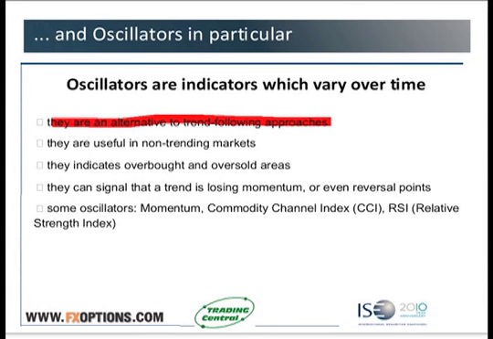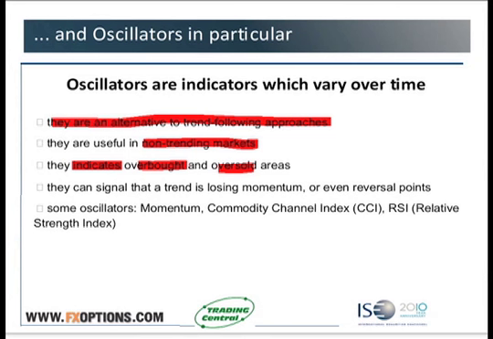So oscillators are very useful to this kind of trend following approach, and in non-trending markets, when markets are ranging sideways. They also indicate overbought and oversold areas, when we think that prices are reaching some areas where prices should not be.